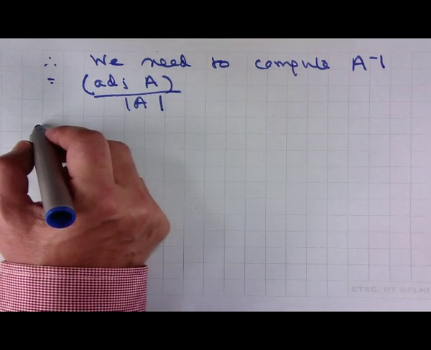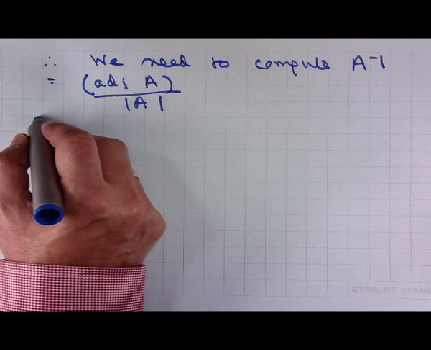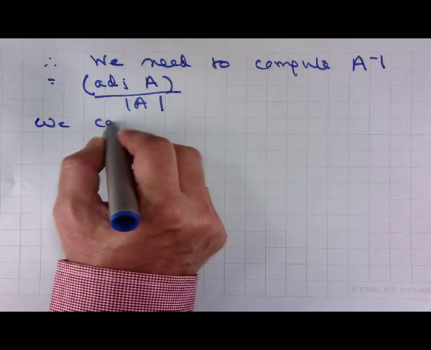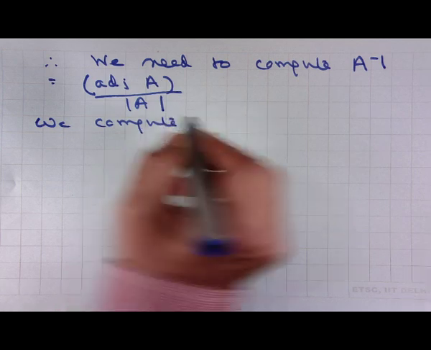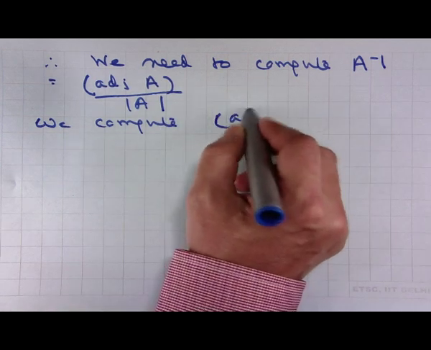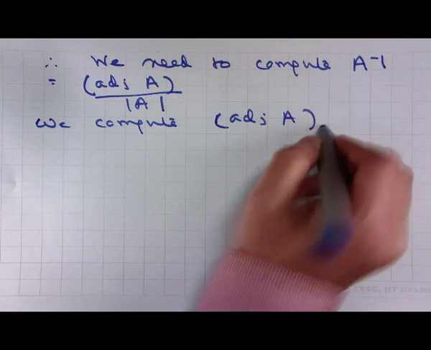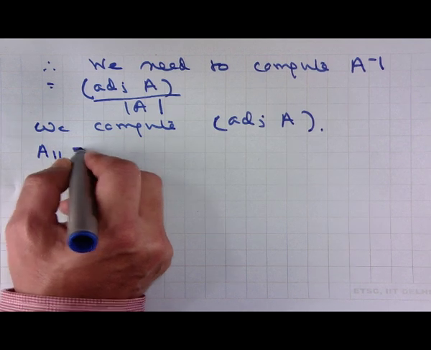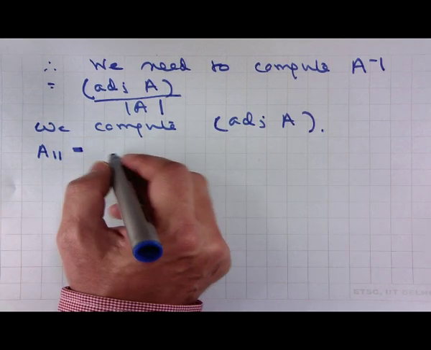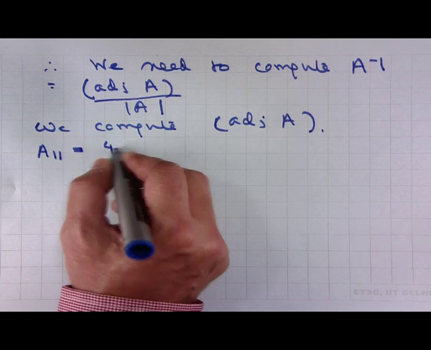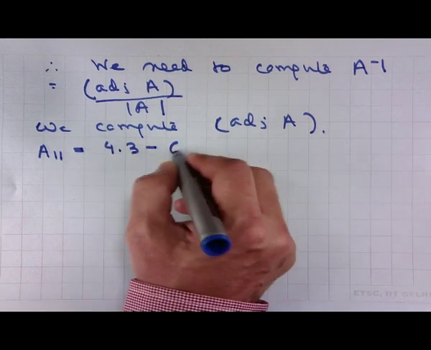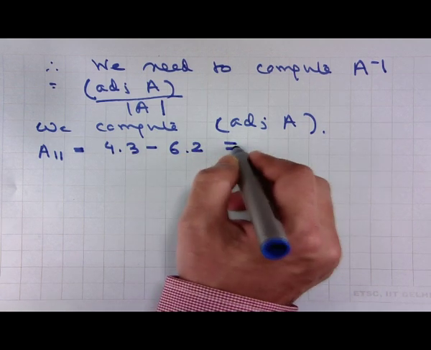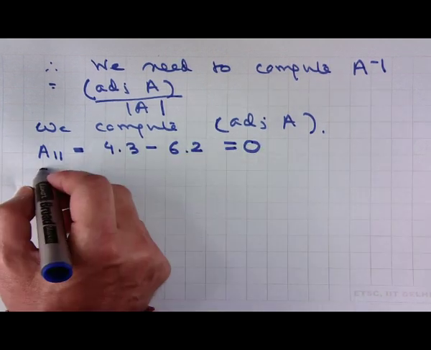So, we compute the adjoint of A. A11 is equal to 4 into 3 minus 6 into 2, which is 0.